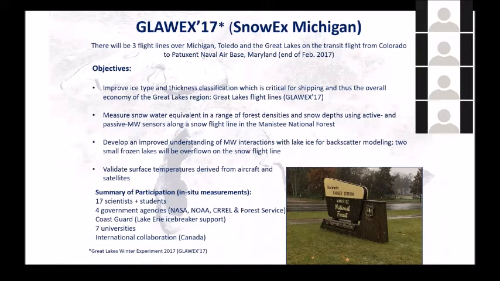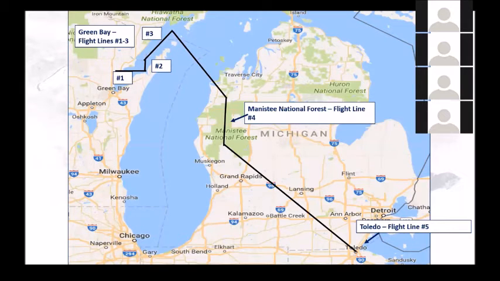So what we're doing is measuring the surface temperature on the ground and comparing that, and even from drones, and comparing that with aircraft and hopefully satellite data if the sky conditions are clear. I'll get into participation in a minute, so I'll skip that for now.